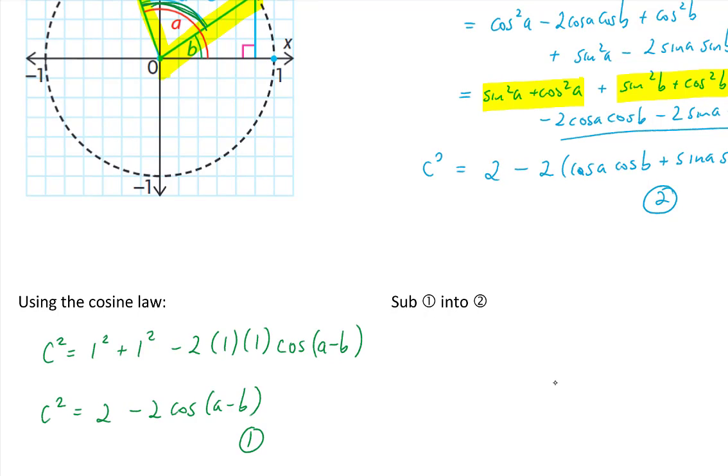Recall that this is also c squared, so I'm going to sub equation 1 into equation 2.